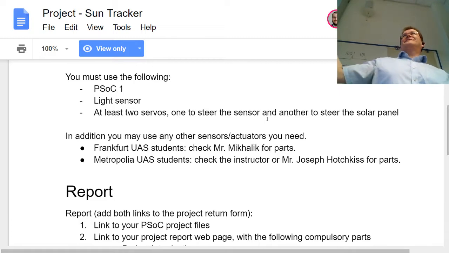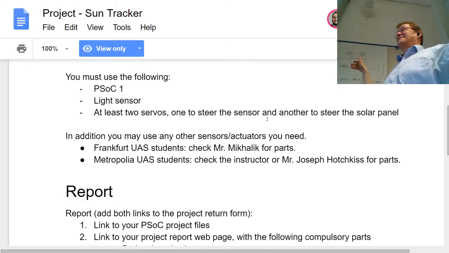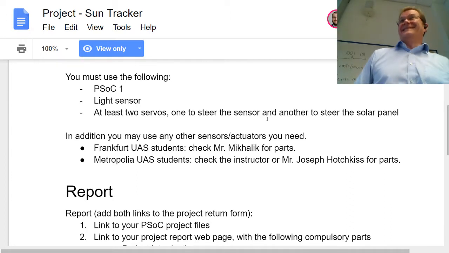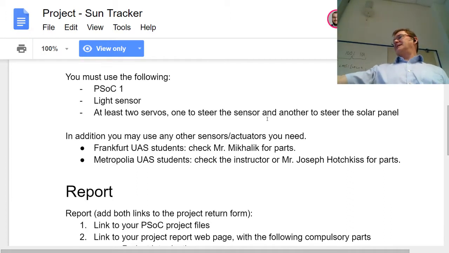That set didn't have a camera. There are very inexpensive cameras on an SPI interface. If you are really into it, go and see what Conrad has. I think they have those small OEM cameras that can be used even with this PSoC.